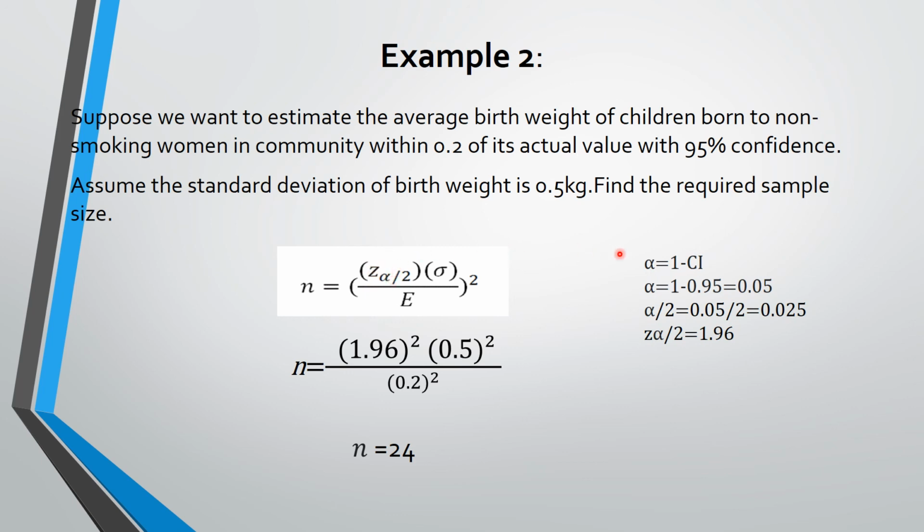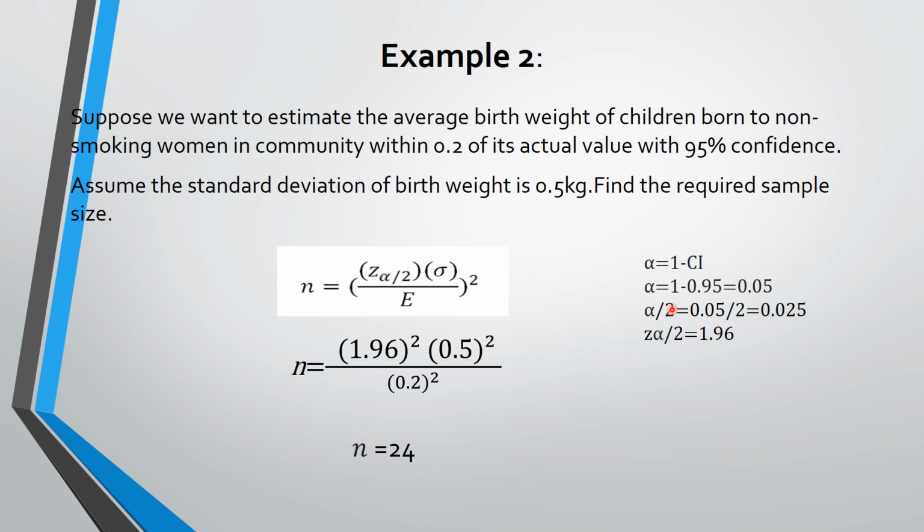So as we know that alpha is equal to 1 minus confidence interval, alpha is basically a level of significance, and this level of significance tells us how significant a result is. So we will calculate the alpha from this equation, and as we know that confidence interval is given, that is 95%. So 95% will be equal to 0.95. We will put this 0.95 in this, which will be equal to 0.05, and now we have to calculate alpha by 2.